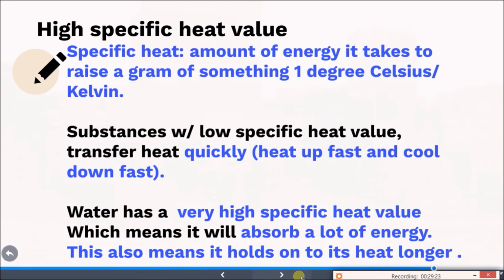And when the sun is down and when it's nighttime, water will dispense that heat throughout the night, which helps keep things really warm, or moderate is what we want to say, moderates the climate near large bodies of water. It helps keep places from being a large extreme.